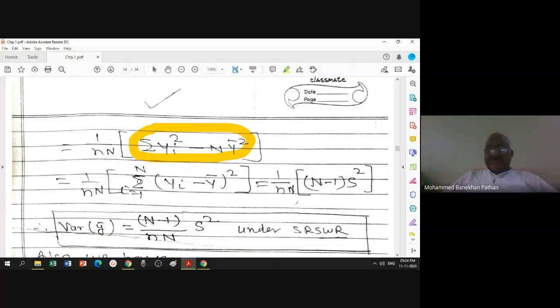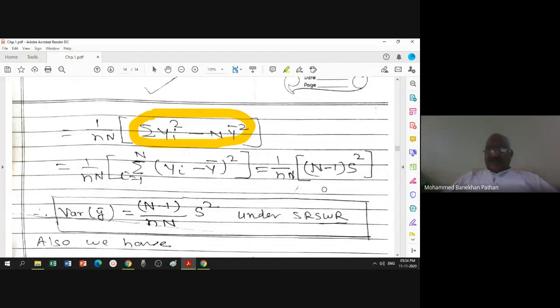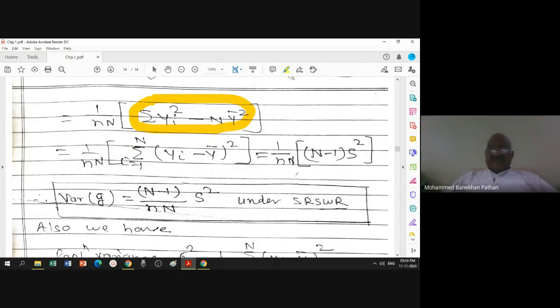This is the notation given yesterday, mean sum of square. Therefore, variance of y bar is (n minus 1) divided by small n capital N, s square, under what method? Simple random sampling with replacement.